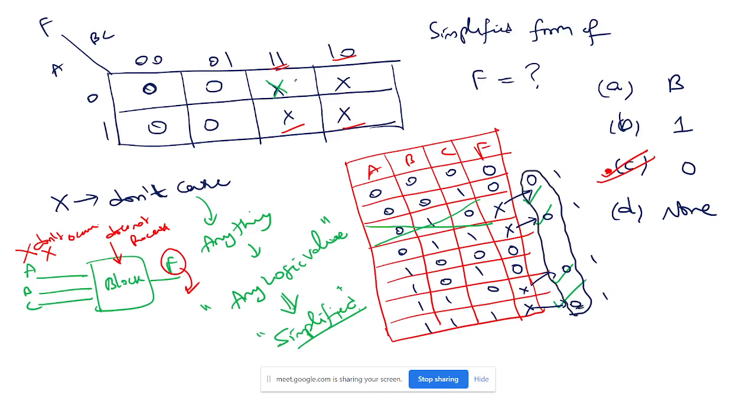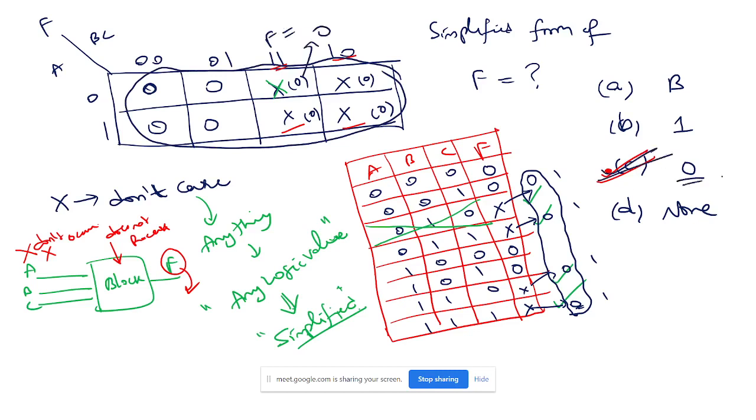If I consider all these as zeros, then F will be more simplified than considering 1. So let's consider all don't care as 0. If I consider all don't care as 0, then it's a group of 8 zeros. What is there everywhere? All 0. Means F is equal to 0. Option C is the right answer. That's how you need to understand.